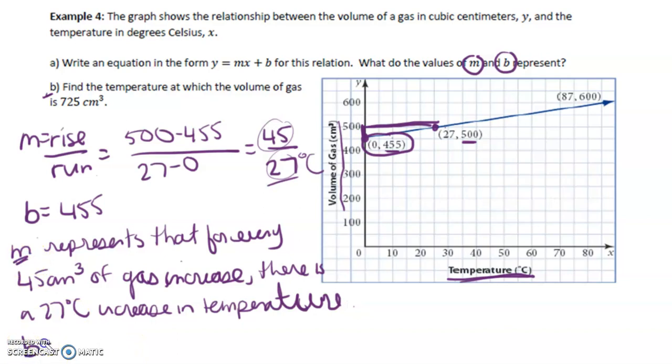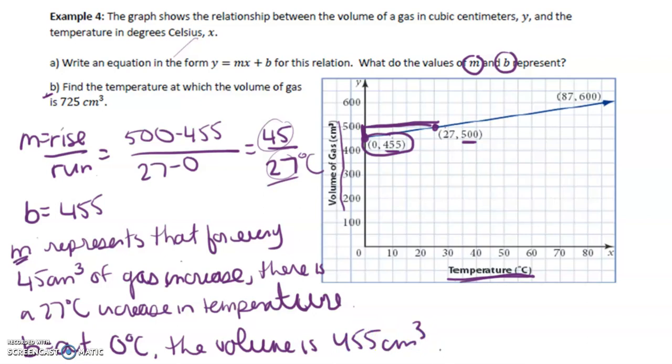Okay, now B. What does the B represent? At 0 degrees Celsius, the volume is 455 centimeters cubed.